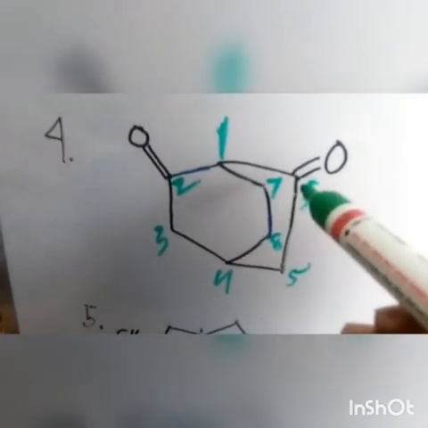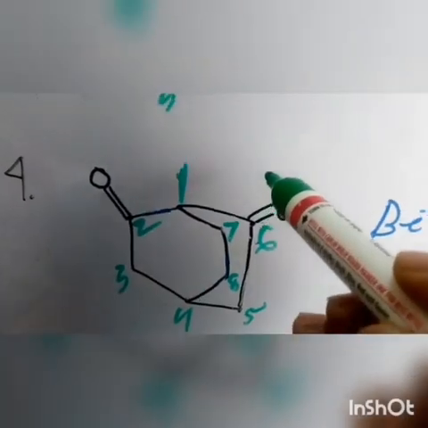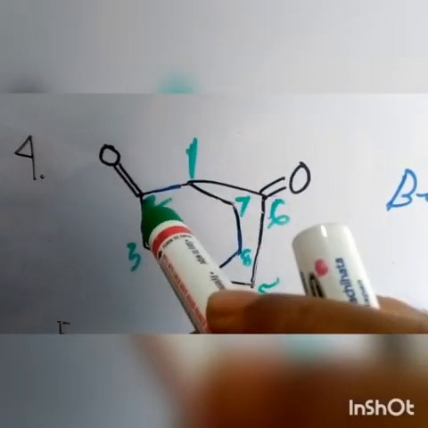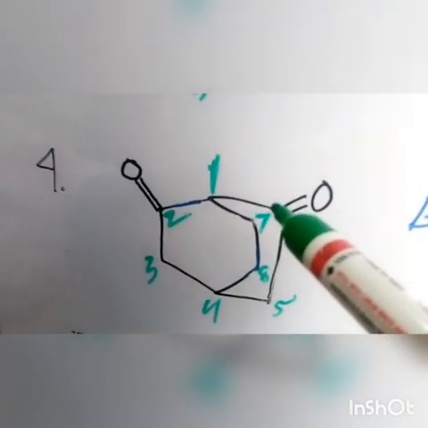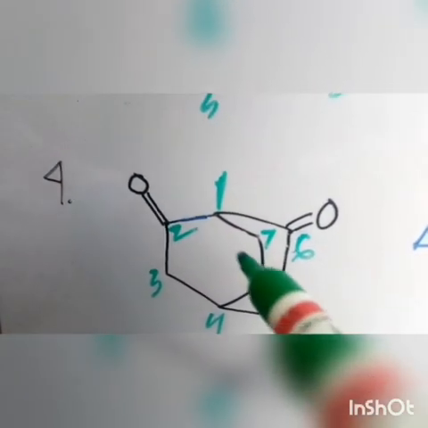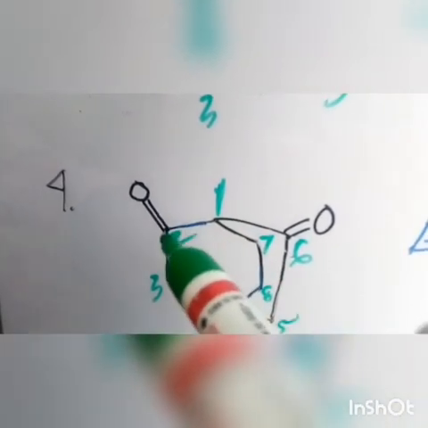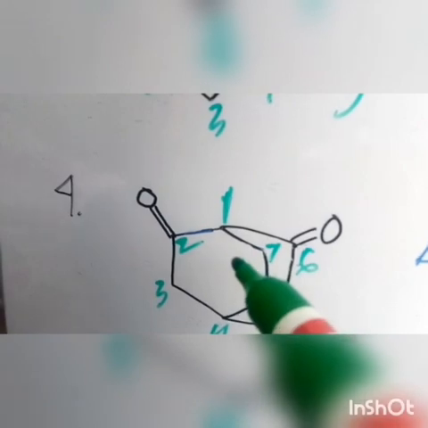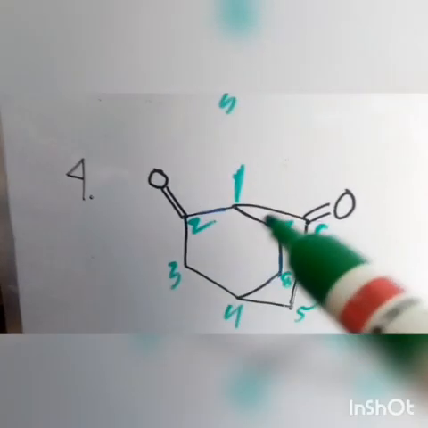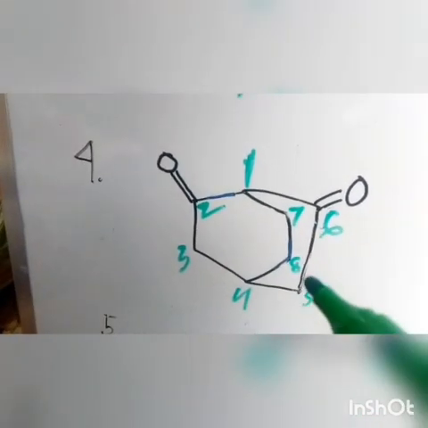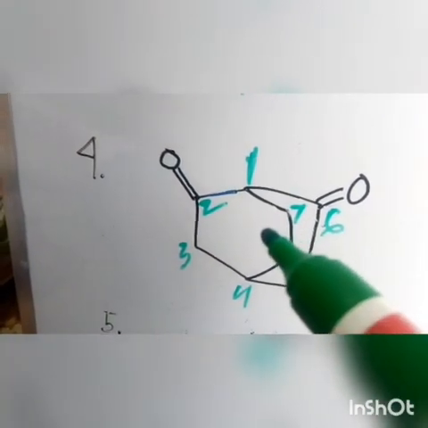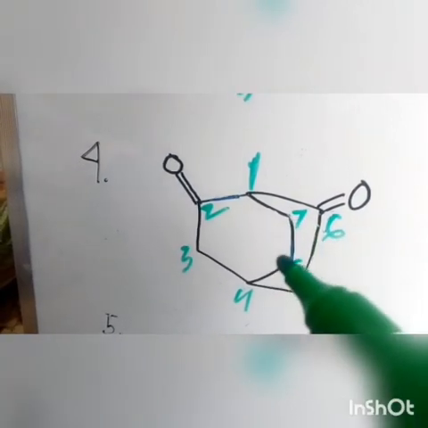So its name should be bicyclo, prefix bicyclo, this chain contains 2 carbon atoms, this chain contains 2 carbon atoms, and this chain contains 2 carbon atoms. So bicyclo 2 2 2 octa-2,6-dione. So its name should be bicyclo 2 2 2 octa-2,6-dione.